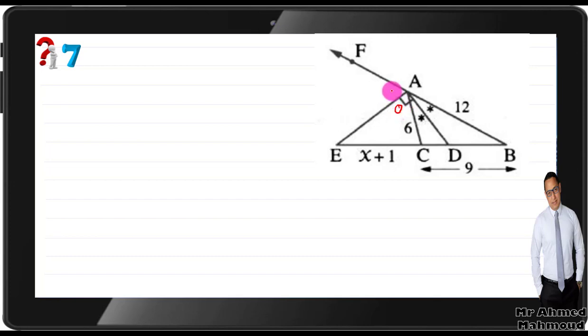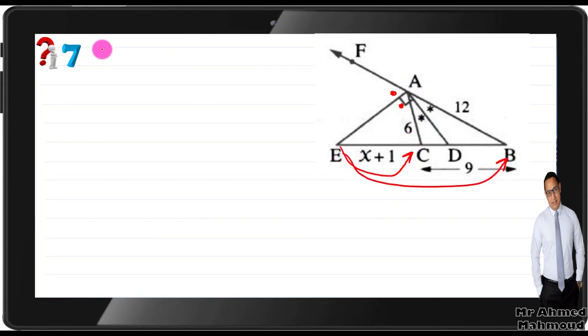First I need to find CD and BD to help me find X. Now, number 7, AD is the internal bisector and AD is perpendicular to AE, so AE is the external bisector of angle A. From this we can find that EC over EB equals AC over AB.